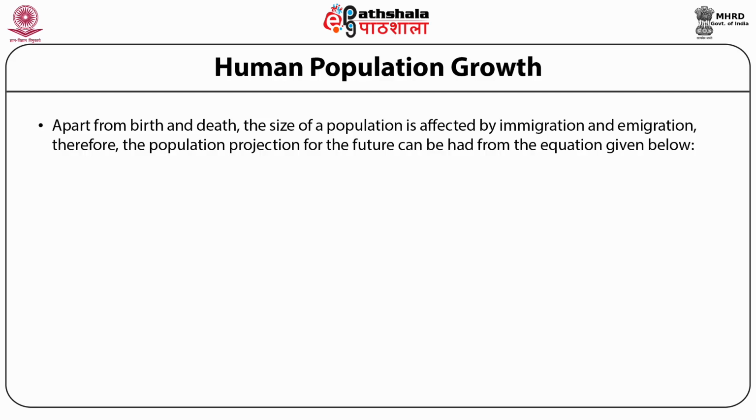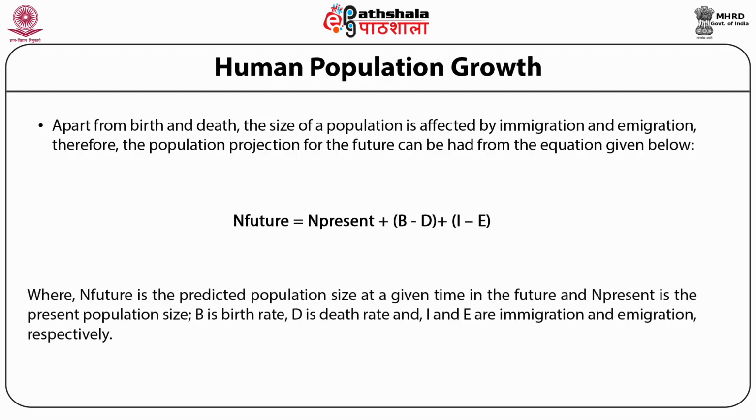Therefore, the population projection for the future can be had from the equation N future equals N present plus B minus D plus I minus E. In this case, N future represents the predicted population size at a given time in the future, and N present represents the present population size.